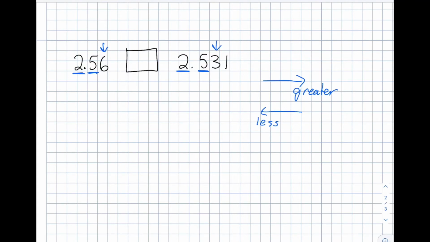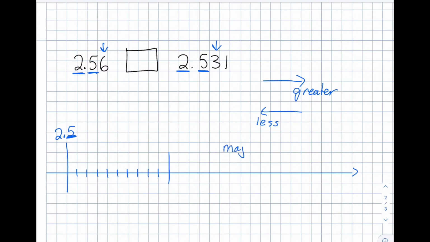So let's start our number line on the left with what they have in common. A base 10 number line has 10 spaces between major ticks. And here, I have 2 and 5 tenths, so I'll be counting by tenths.